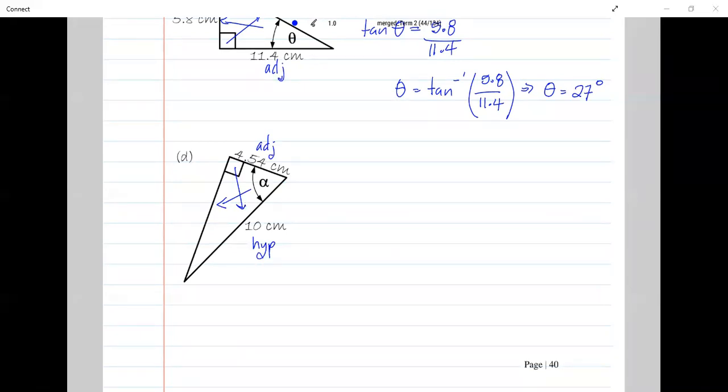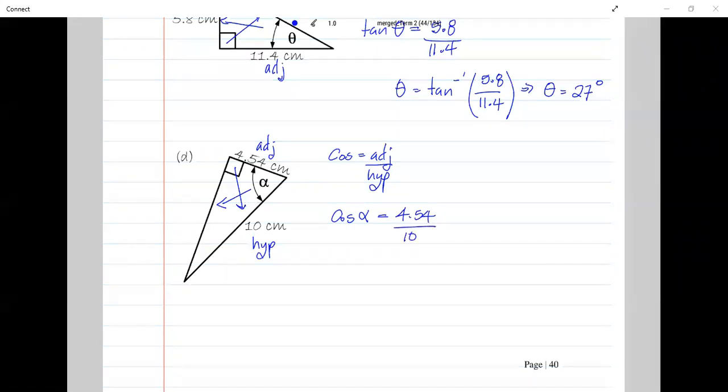And the ratio that includes adjacent and hypotenuse is cosine. So I'm going to say cos is equal to adjacent over hypotenuse. Again, the more I write that, the more likely I am to remember it. Then I'm going to say the cosine of the unknown angle, which is alpha, is equal to the adjacent side, which is 4.54, over the hypotenuse, which is 10.